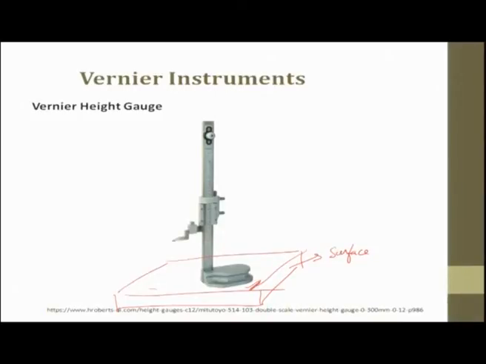So, here is a height gauge, again the same concept as the depth gauge. You have a vernier here, you have a main scale division here, and here you can put your end surfaces or make a small attachment and even put a cylindrical one and start measuring.